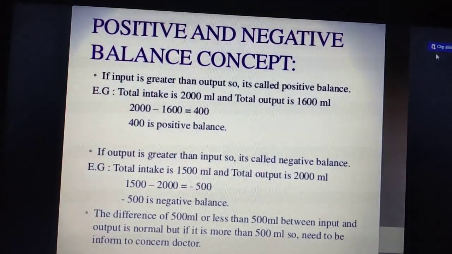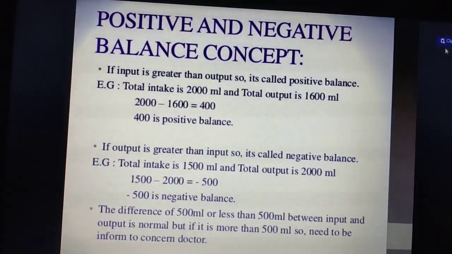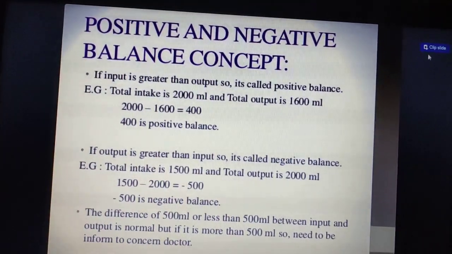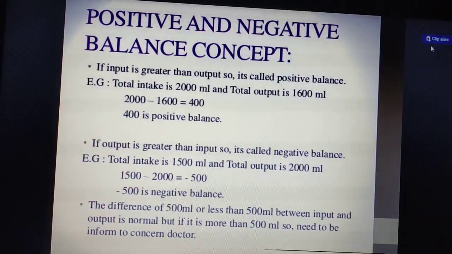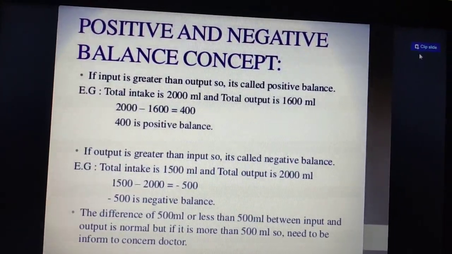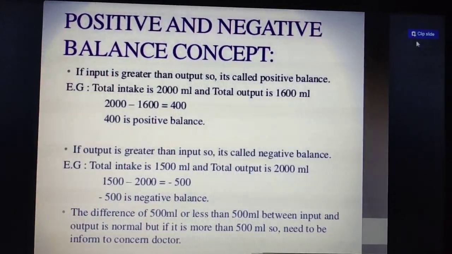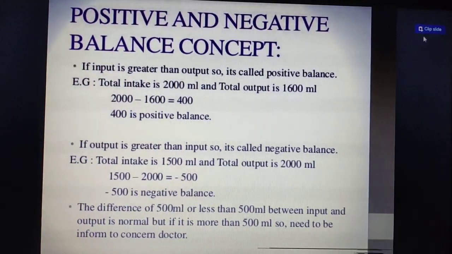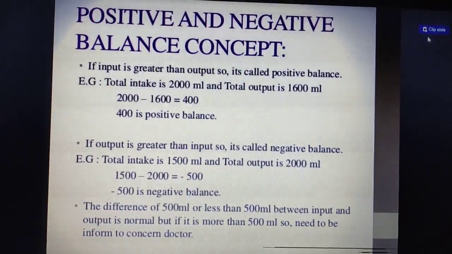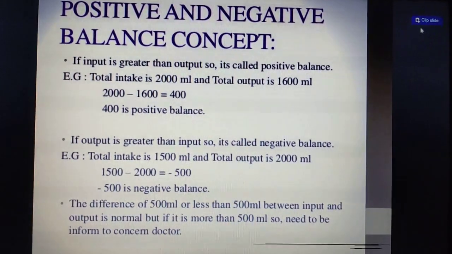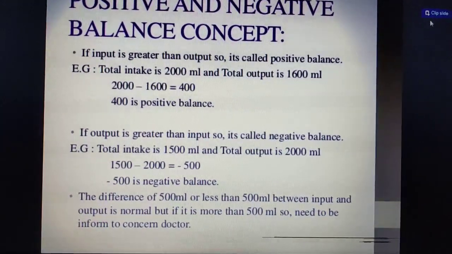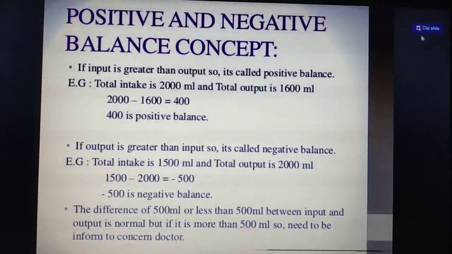If you are wasting 100 ml of water extra, that leads to dehydration. This will always happen. Whatever food or liquid you take, you have to eliminate in the same proportion. Then we say it is a normal balance. If it is less it is abnormal, and if it is more it is also abnormal. Understood? Clear?